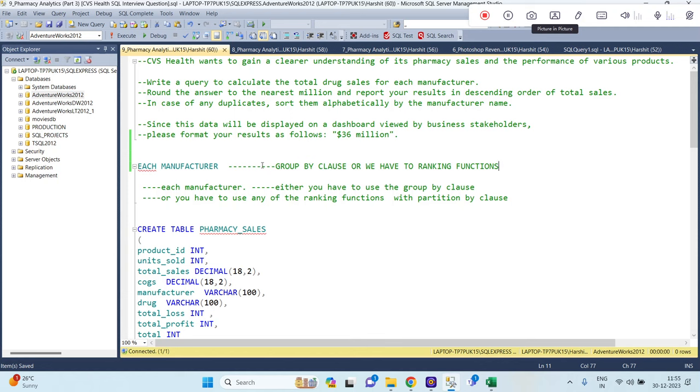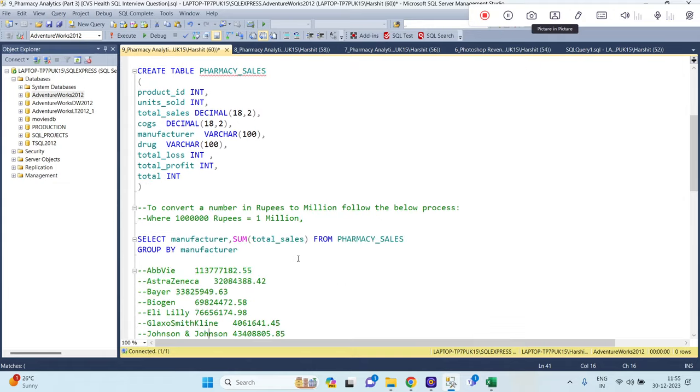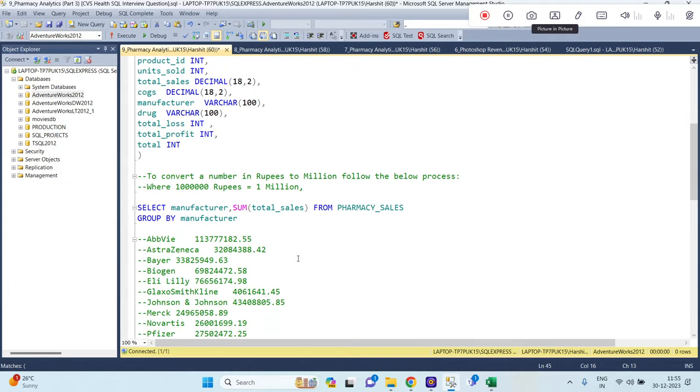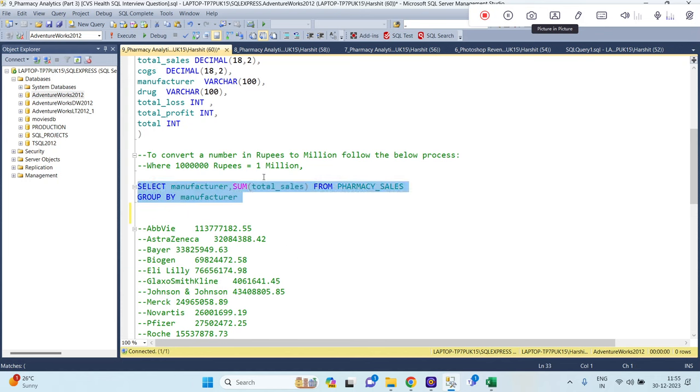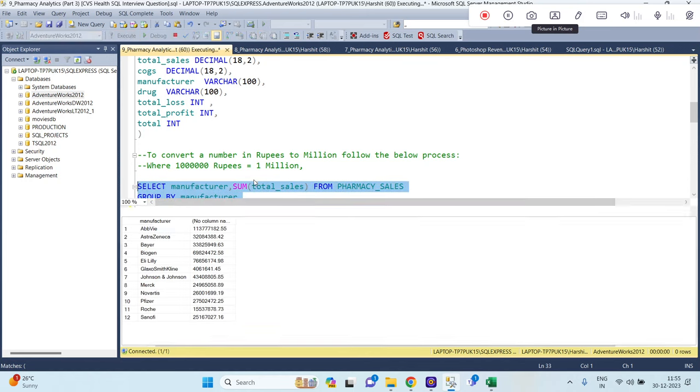This is a simple thing, right? Each manufacturer means definitely we have to use group by or ranking functions. I have created the table and inserted the data into it. Now we have to identify total sales for each manufacturer, right?